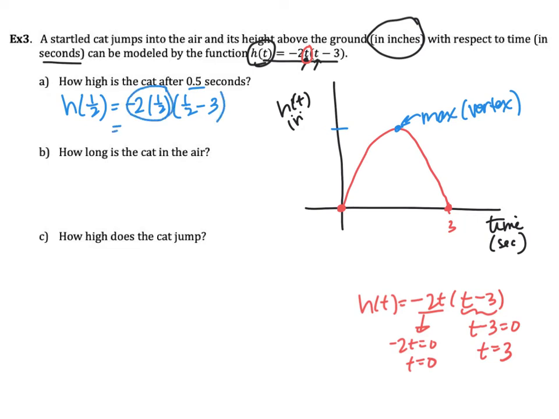Negative 2 times 1/2 is negative 1, and 1/2 minus 3 is negative 2.5, and negative times negative is positive, so that would be 2.5 seconds. Or sorry, my bad, it's late. 2.5 inches. So the cat was 2.5 inches in the air after 0.5 seconds.